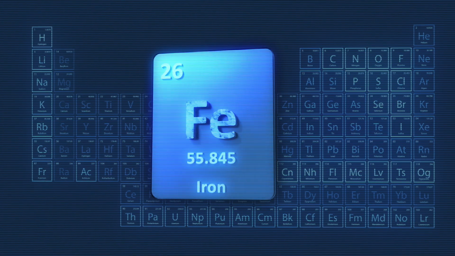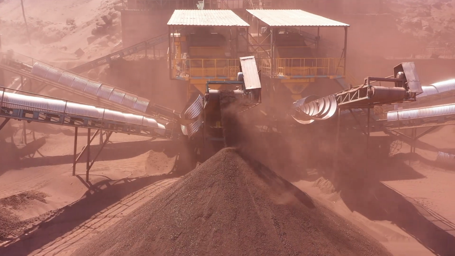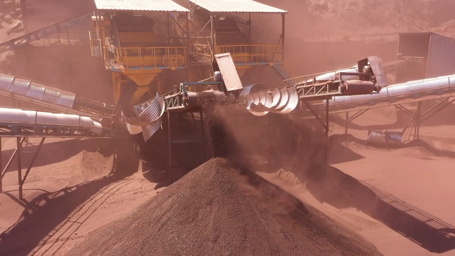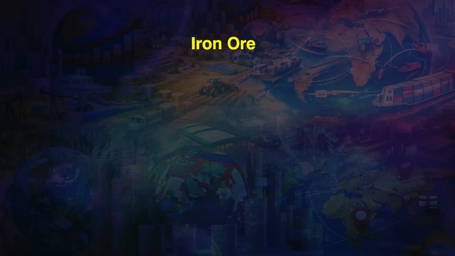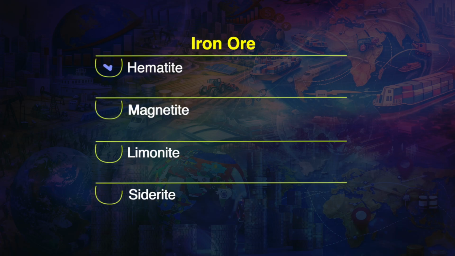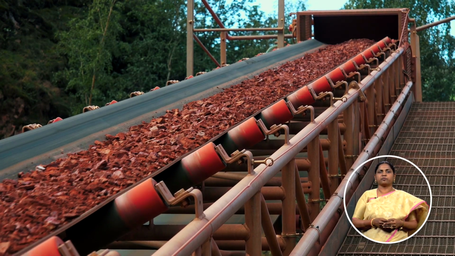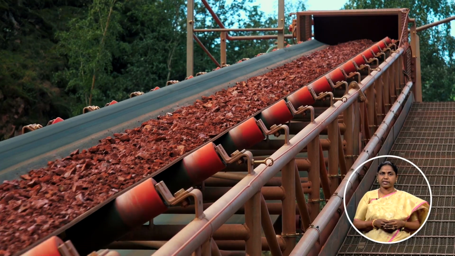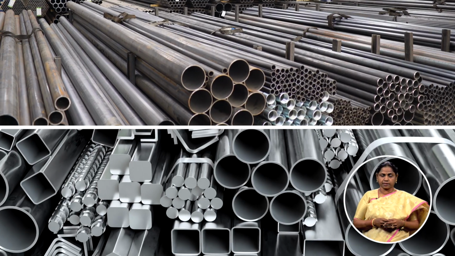Ferrous minerals are metallic minerals whose chief component is iron. Iron ore is the most significant ferrous mineral and it has varieties such as hematite, magnetite, limonite and siderite. Ferrous minerals are the backbone of heavy industries, especially the iron and steel industry.